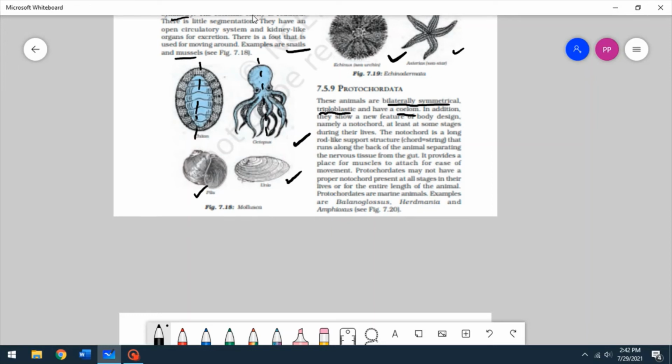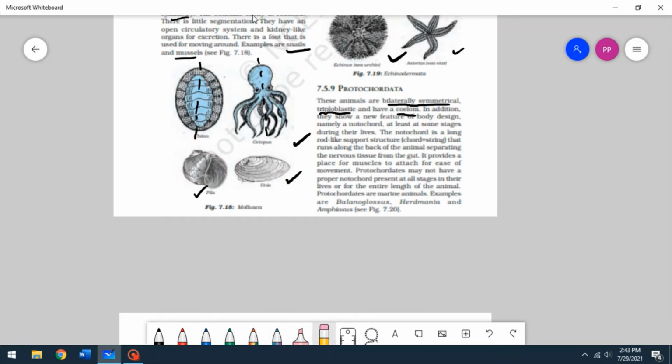So the nervous tissue and the gut is the stomach area. The notochord divides these 2 areas, and it provides support to the organism. Alright, so Protochordata and the rest of the animals that follow this phylum have a notochord.